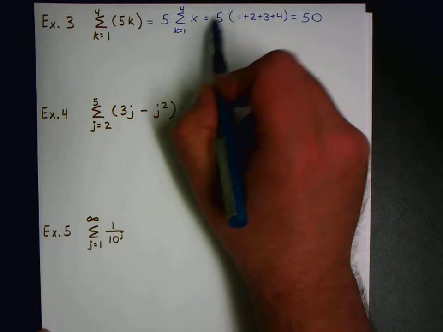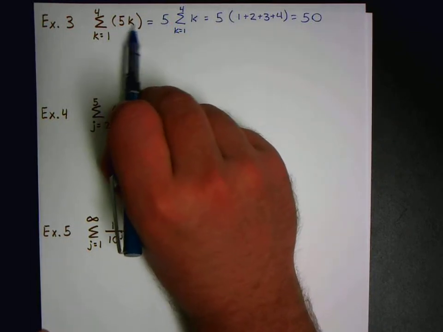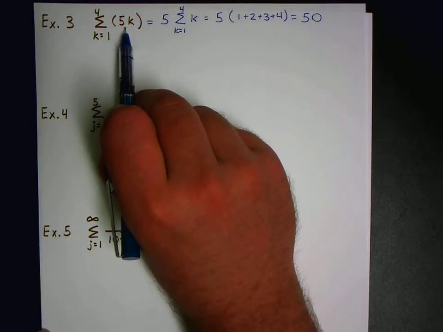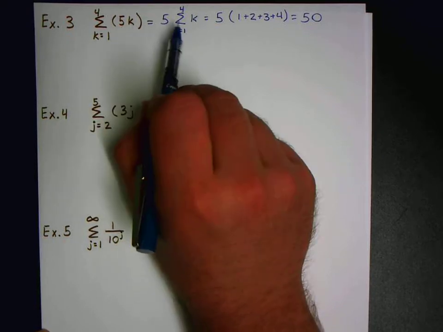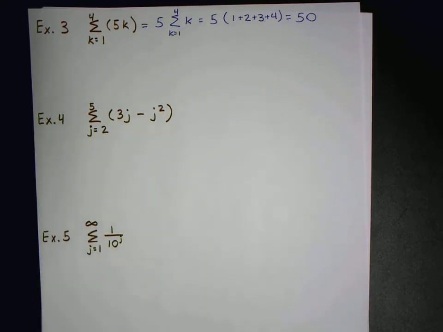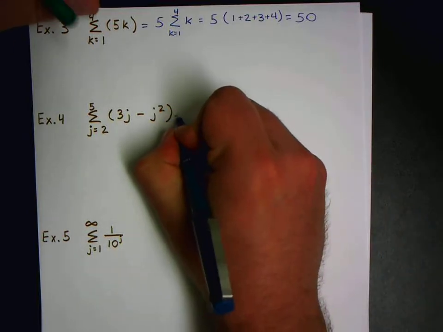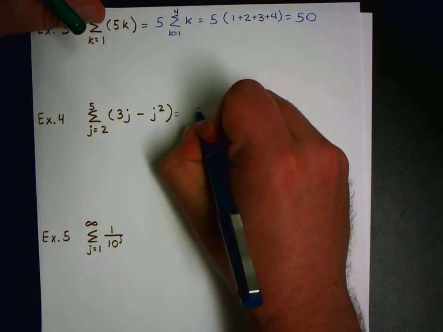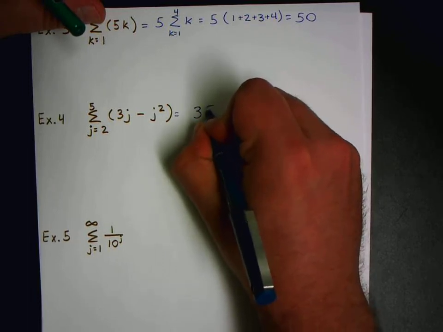I just use the property instead of keeping it 5 times K and doing that each time. I could use the rule where I pull the 5 out to the front, so I only have to do the multiplication once. That's a general thing you can do for multiplication. That was one of our rules that we just did. On this one, I could split it apart like this using rules.